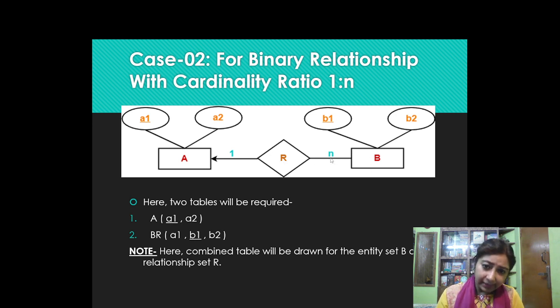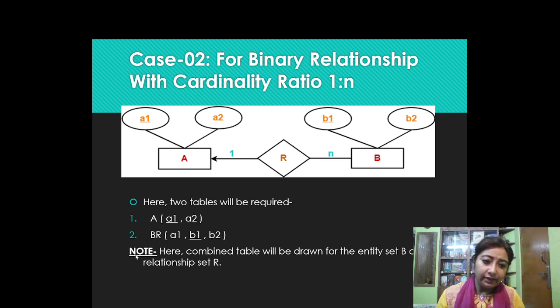But B will take the relation R, so BR will be a table. It consists of B1, the primary key of B, and B2, another attribute. Along with that, A1 will come here as a foreign key.